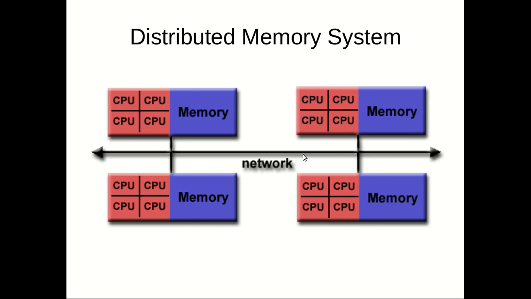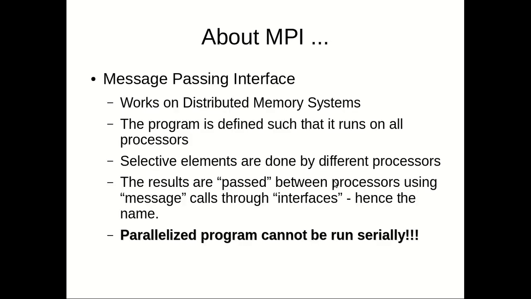Here this interface is nothing but your internet or your fiber optic cable connections, or any data wire connections that connect these computers. Simple as that. That's why they call it Message Passing Interface, because the information is passed as message calls through the interfaces. The downside of MPI programming is that the program is inherently parallel right from the beginning once you make it, so you cannot run this program in serial mode. It's pretty complicated to do that.